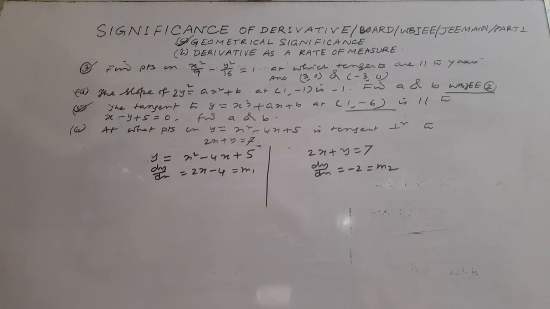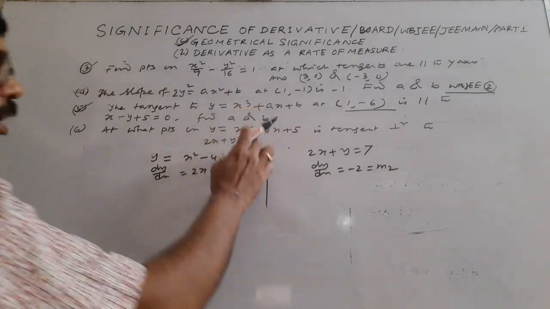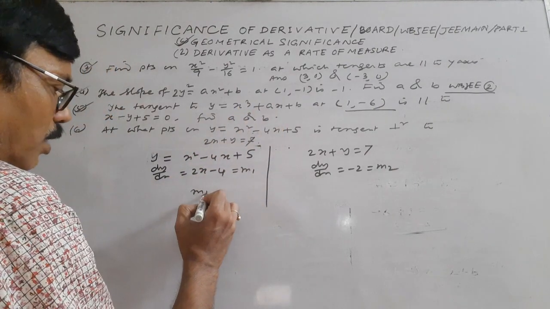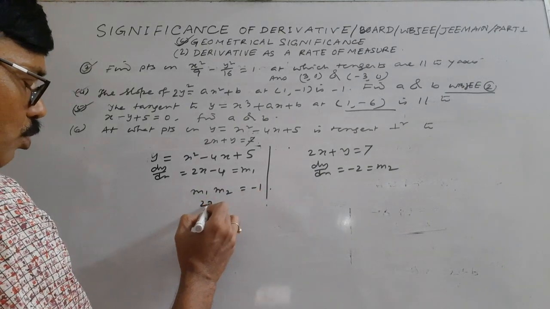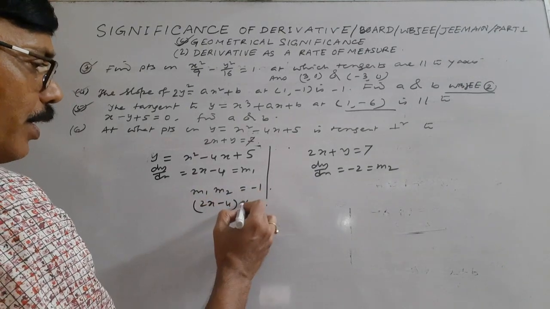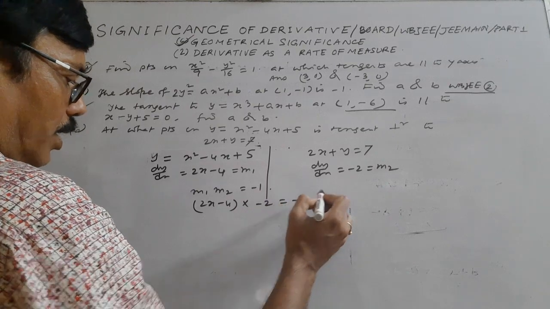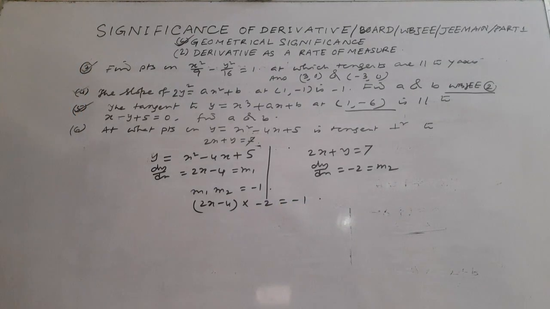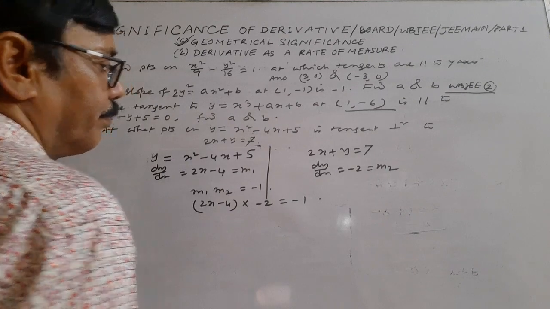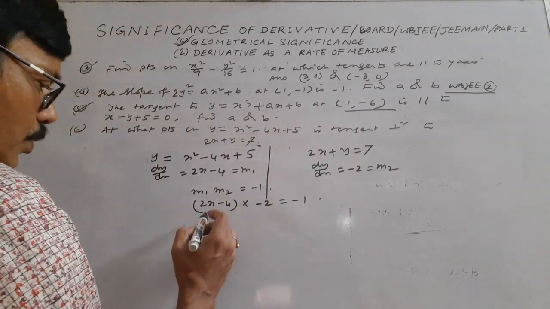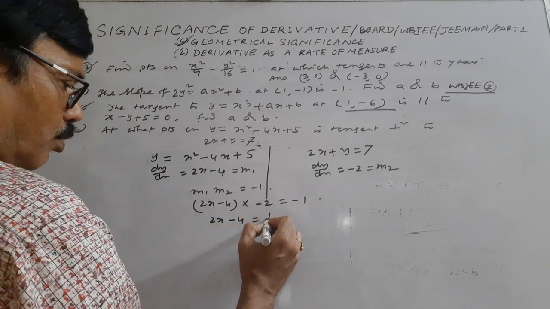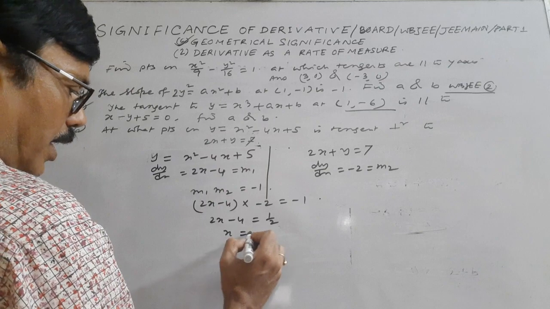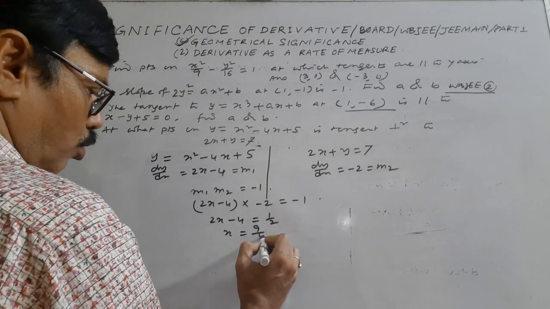Now, the tangent is perpendicular to the line, so the product of slopes m1 m2 equals -1. So (2x minus 4) into (-2) equals -1. So 2x minus 4 equals half. So what is x? x equals 9 by 4.